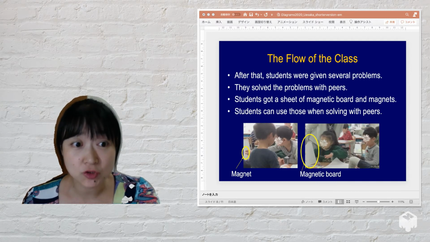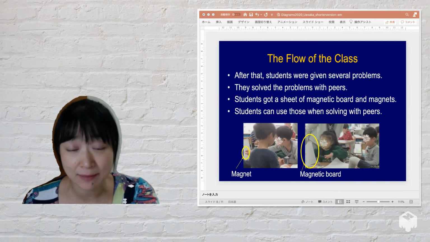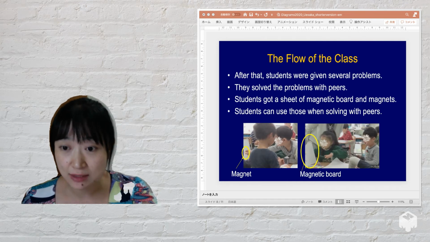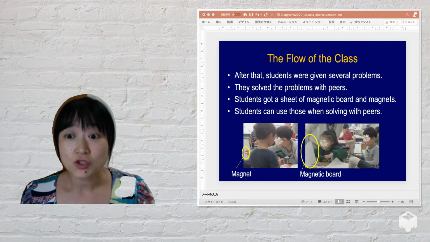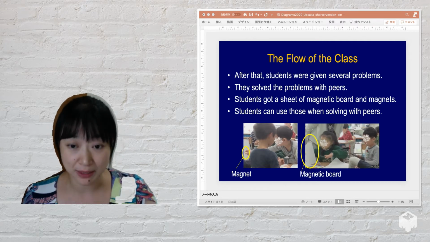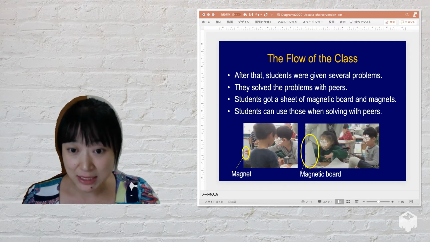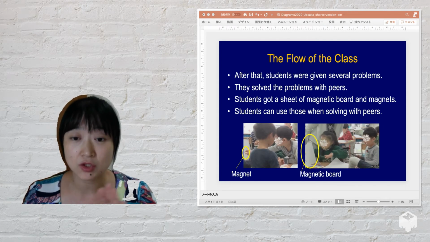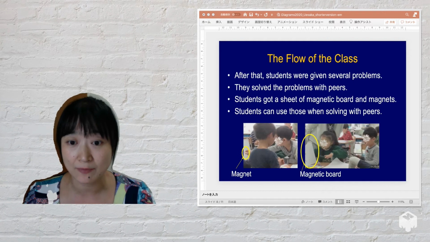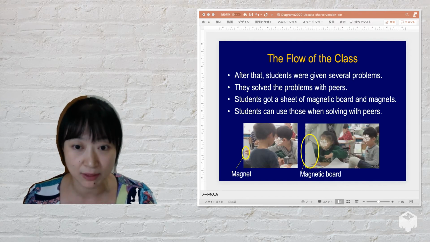When solving, students were given a sheet of magnetic board and magnets. Can you see the magnet board and magnets in the pictures? Students can use those when solving with peers. The magnet sheet and magnets are a kind of semi-concrete diagram, so students can use them before drawing the abstract diagram. That kind of process might be very important.